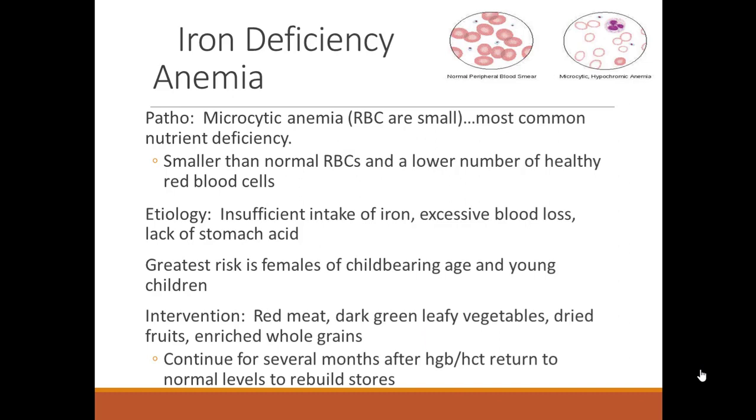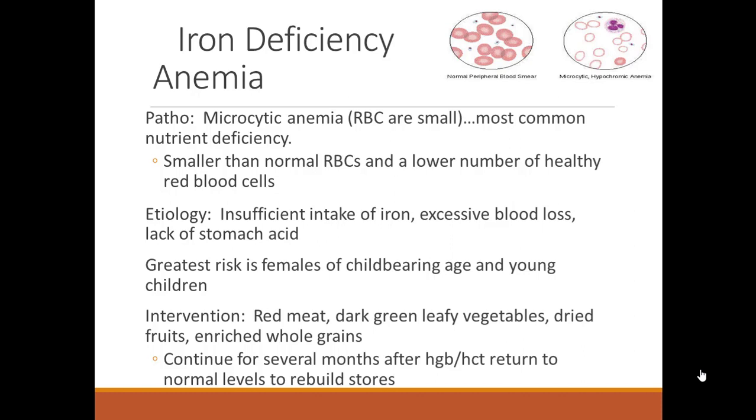So, iron deficiency anemia. This is the most common. There's not enough iron in the blood, so there's not enough red blood cells. The red blood cells that are there might be smaller and not as healthy. It's caused by not taking in enough iron, excessive blood loss in a trauma or surgery, or lack of stomach acid.